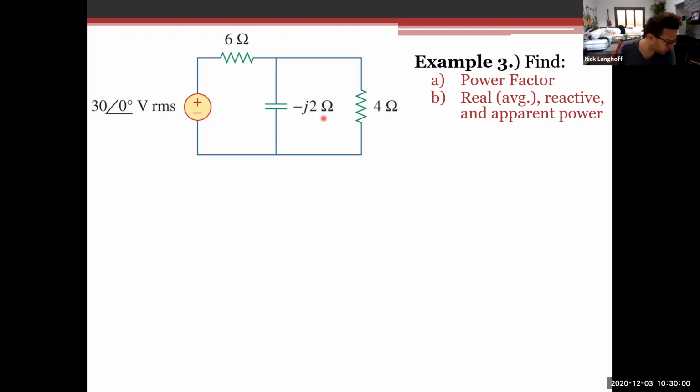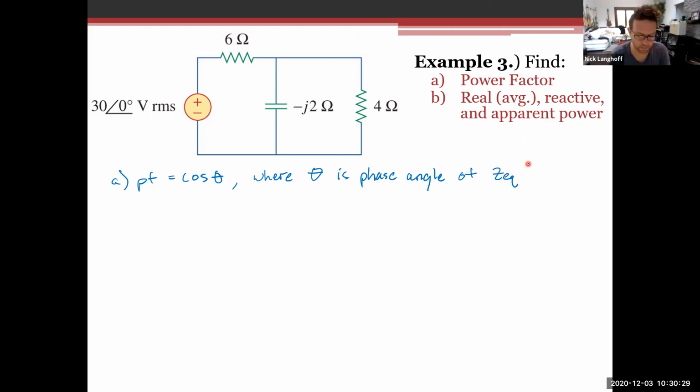Okay, and so for part A, we'll recall that the power factor is equal to the cosine of theta, where theta is the phase angle between the voltage and the current, but it's also equal to the phase angle of ZEQ as seen by VS, the voltage source phasor.